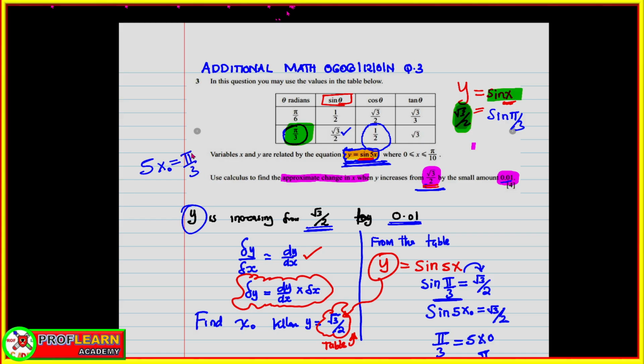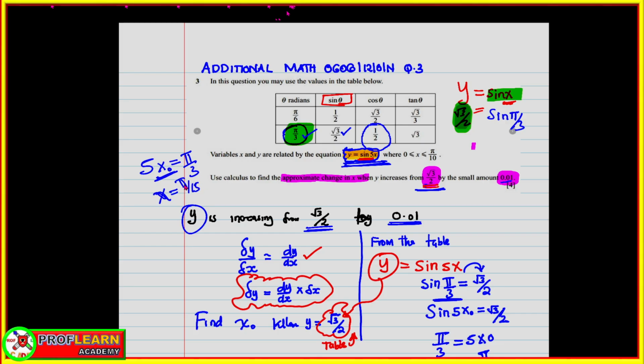So what should be this angle x naught? If you divide by 5 both sides, x naught is equal to pi over 15.